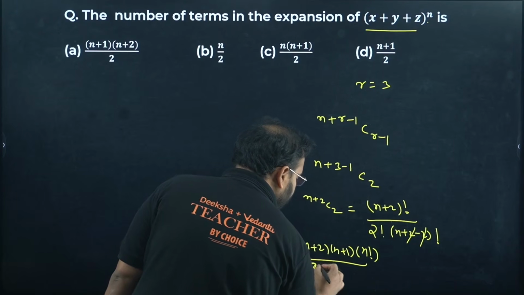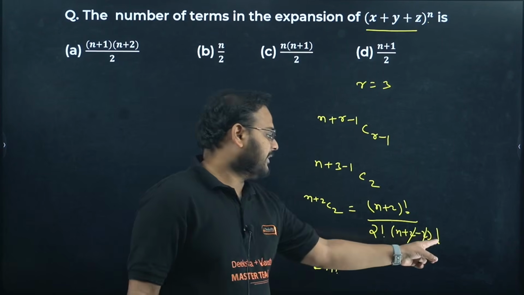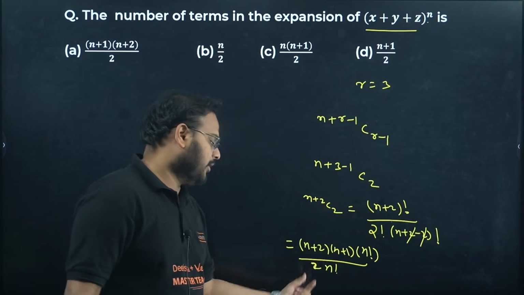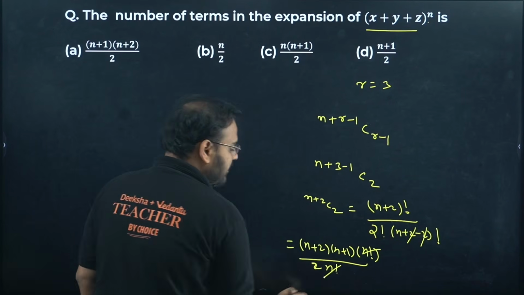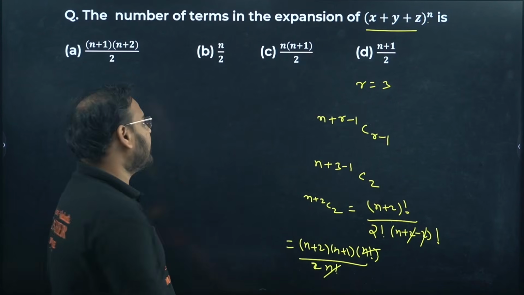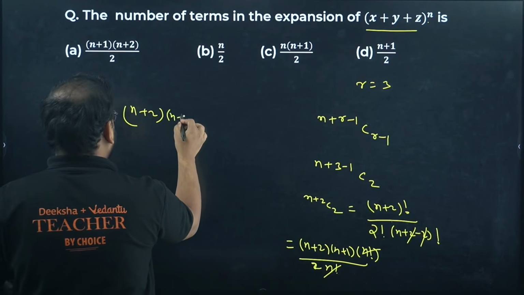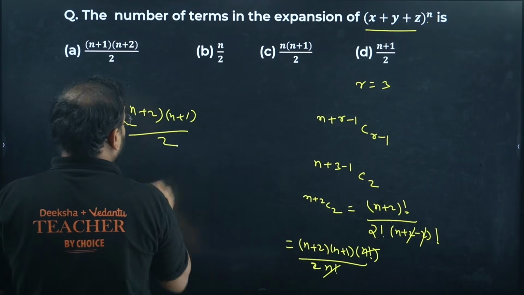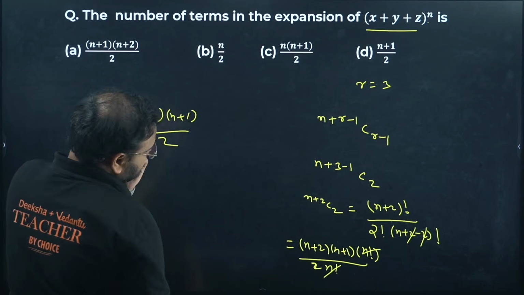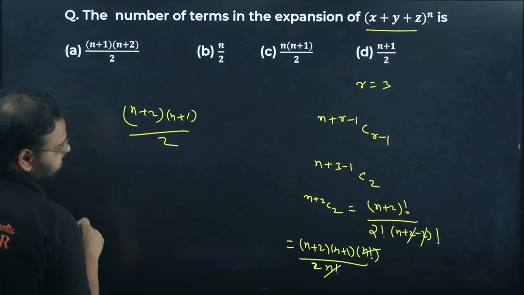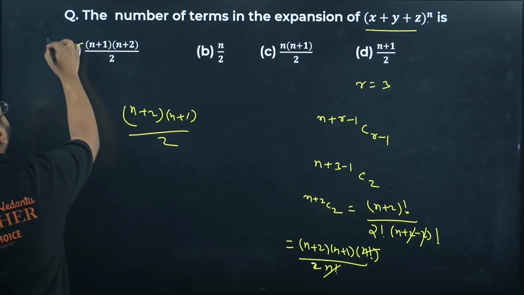Yes or no? Please check carefully. 2 factorial is how much? 2 only. So if you cancel this n factorial and the 2, you have the result as n plus 2 into n plus 1 divided by 2. Thus the answer is option A only, right?